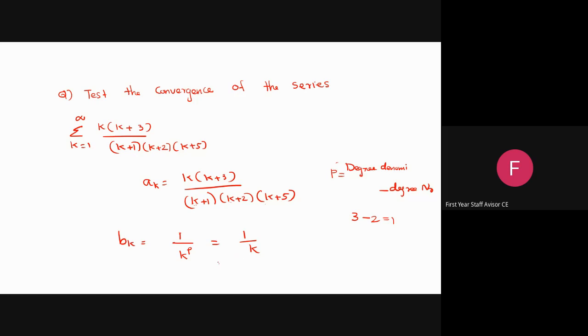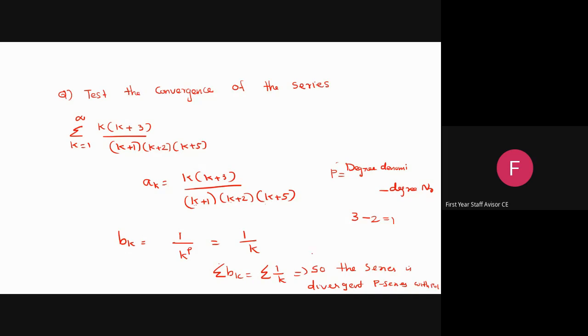Then summation b_k equals summation 1 by k, which is a 1 by k raised to p type with p equal to 1. So the series is a divergent p series with p equal to 1.